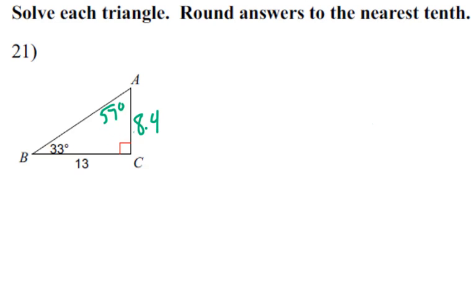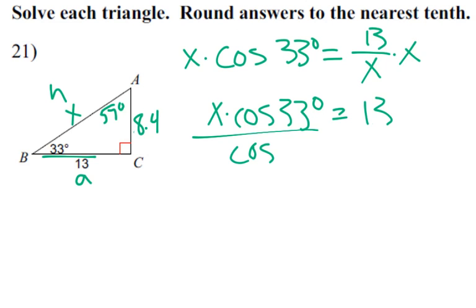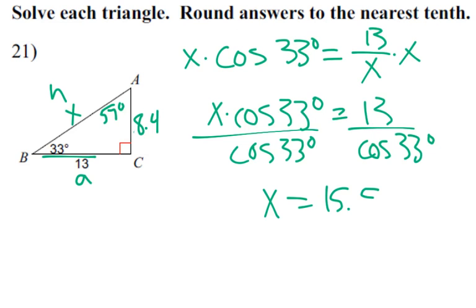So we call that x, and I go adjacent and hypotenuse. So the cosine of 33 degrees would equal 13 over x. So I times them by x. So x times the cosine of 33 degrees equals 13, divided by the cosine of 33 degrees, that would give us x. So 13 divided by the cosine of 33 degrees gives us 15.5, and that's my hypotenuse.